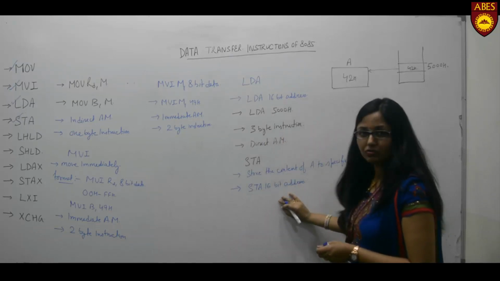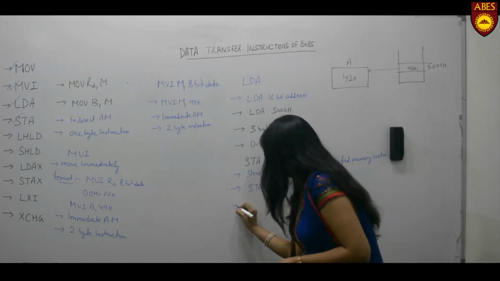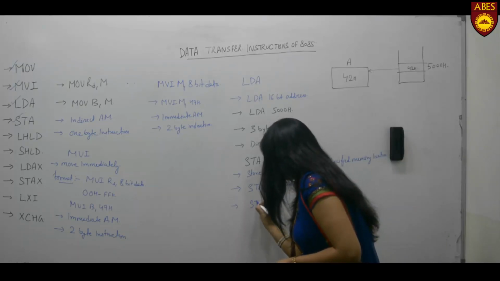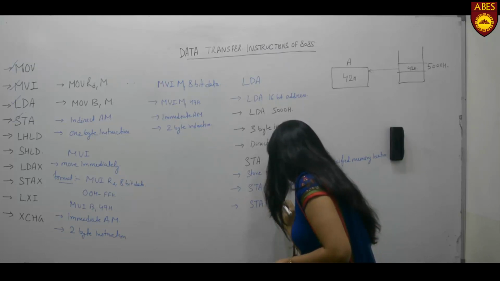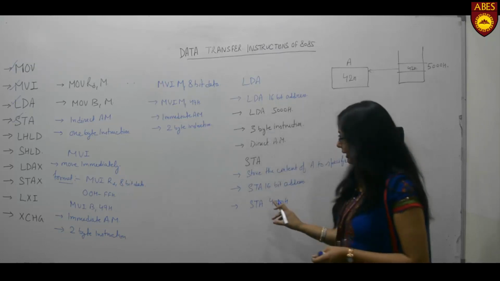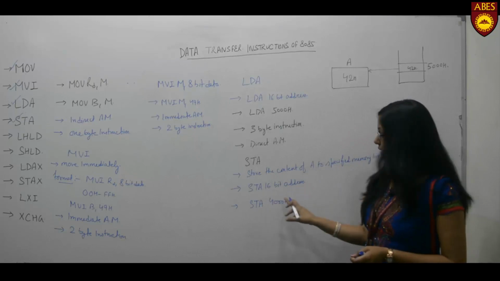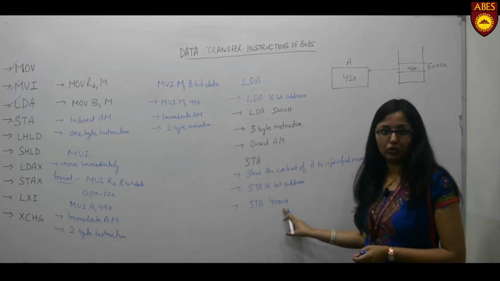After the execution of this instruction, the content of the accumulator is copied to this 4000H memory location.